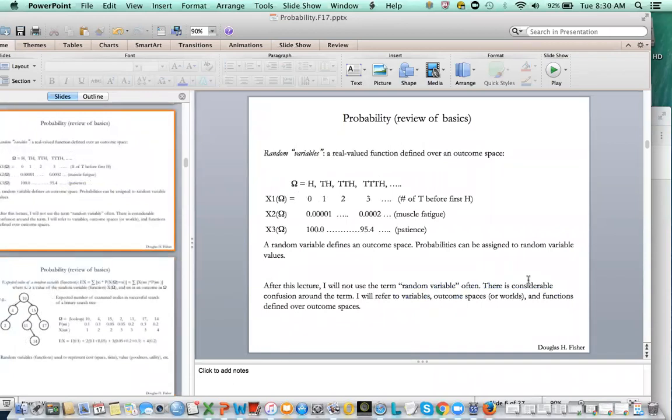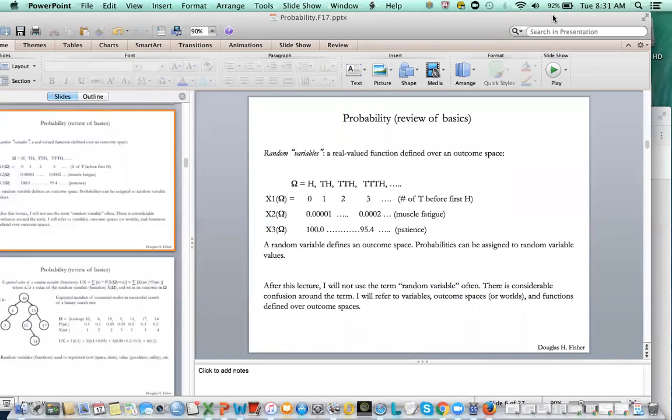A random variable is really a real valued function that is applied to outcome spaces. The book makes brief mention that it's a misnomer and doesn't really go into much detail about why the name random variable is a misnomer.